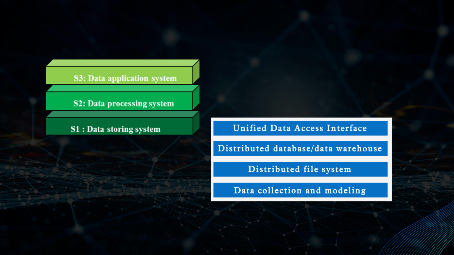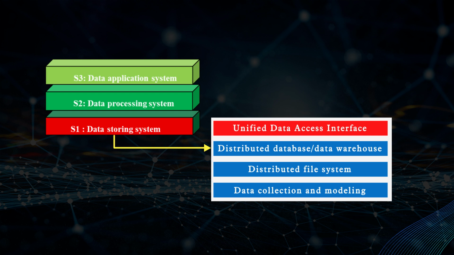The big data computing system can be summarized into three categories: data storing system, data processing system, data application system. The data storage architecture is the foundation of big data computing.